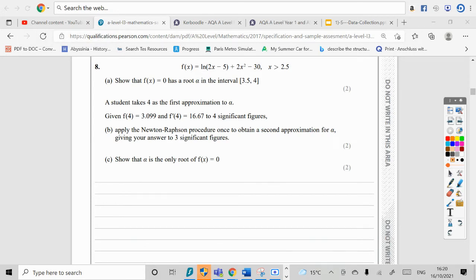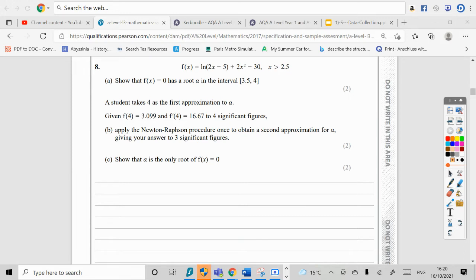Okay, part B. Apply the Newton-Raphson method procedure once to obtain a second approximation for alpha, giving your answer to 3 significant figures. The Newton-Raphson method is given to you in the formula booklet.